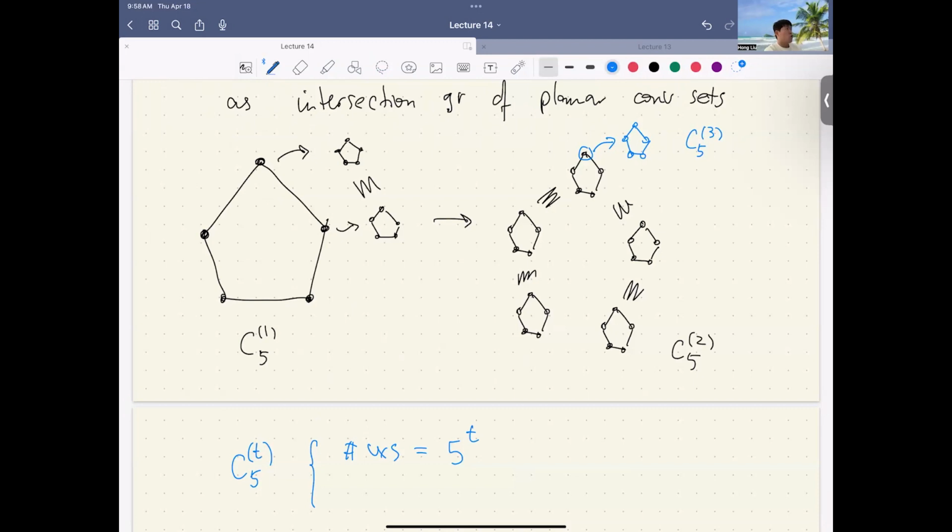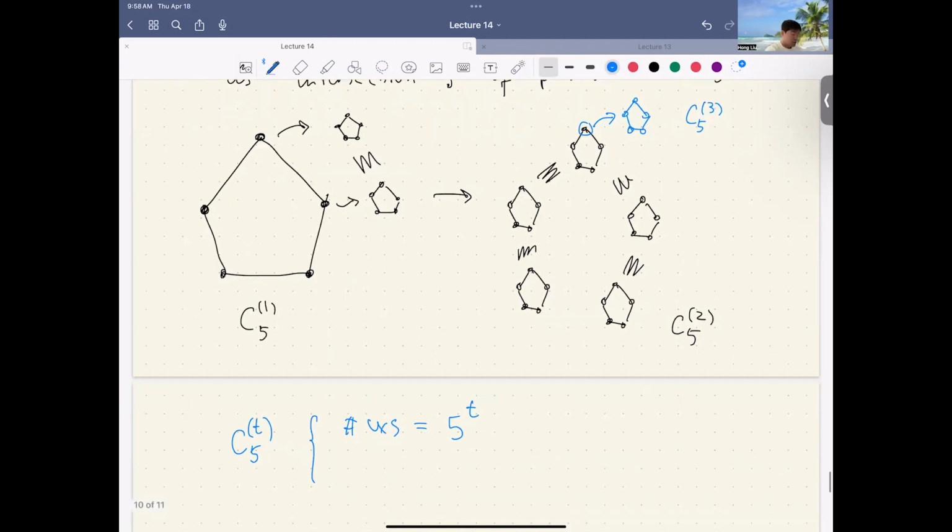What's the homogeneous number? Largest independent set or largest clique? Anyone? Look at the smallest one. Largest independent set 2.